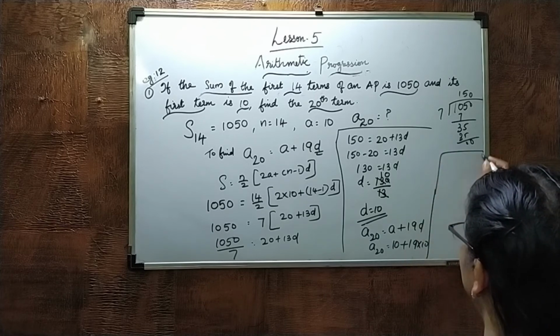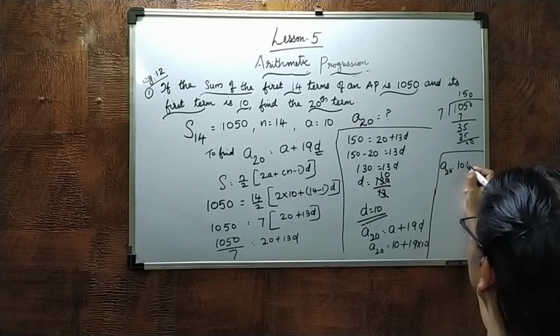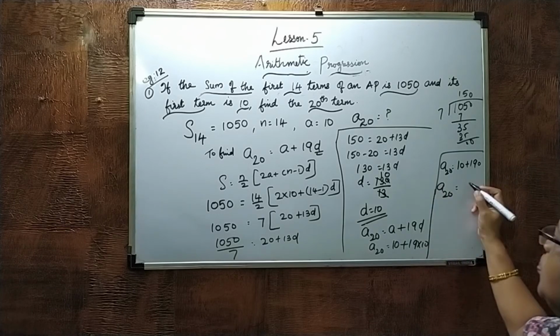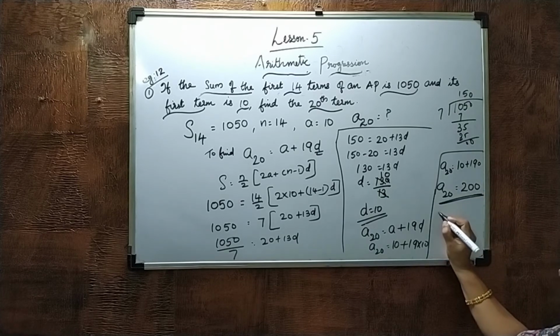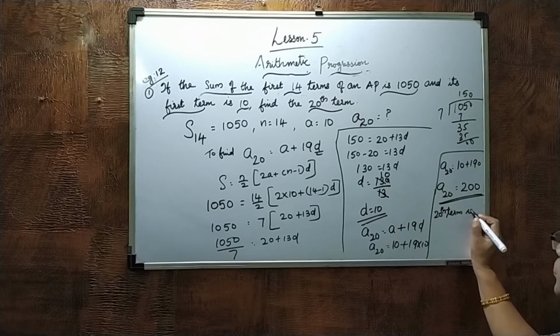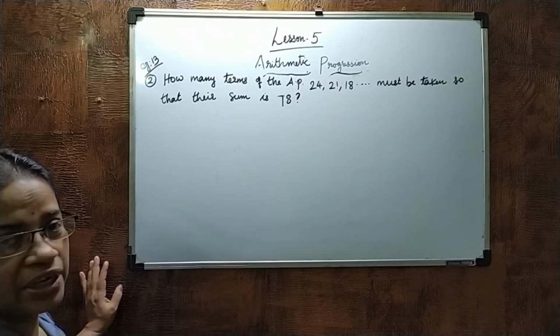So it is 10 plus 190, and the 20th term you will get is 200.